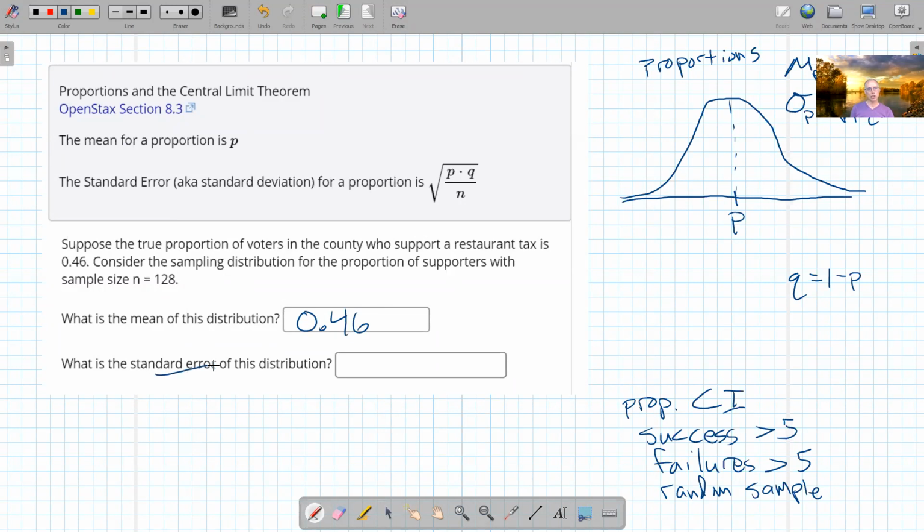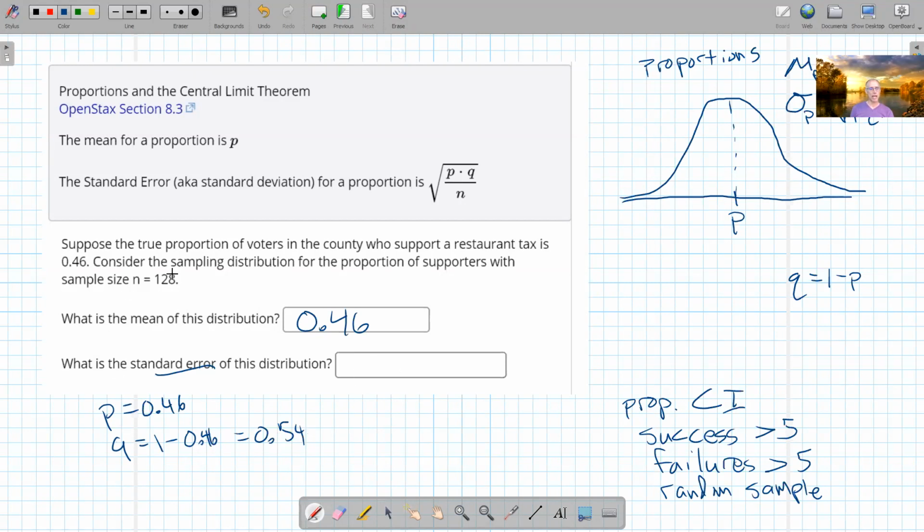The standard error, which is the standard deviation for the proportion, I have to do the calculation. So I know that p is 0.46. q is going to be 1 minus 0.46, which is what, 0.54. Does that add up to 100%? Yeah, that looks right.